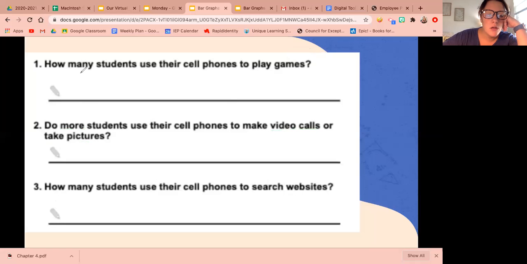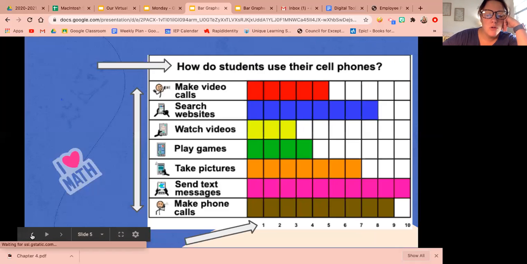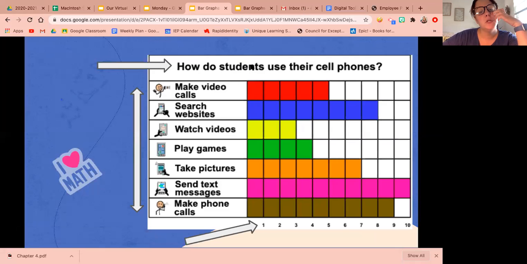So let's look on our graph. Video calls, let's find that one. Where is video calls? Let me change my color. Making video calls. And what was our second category we're comparing? Taking pictures. So looking at only these 2, we need to compare which one is more.